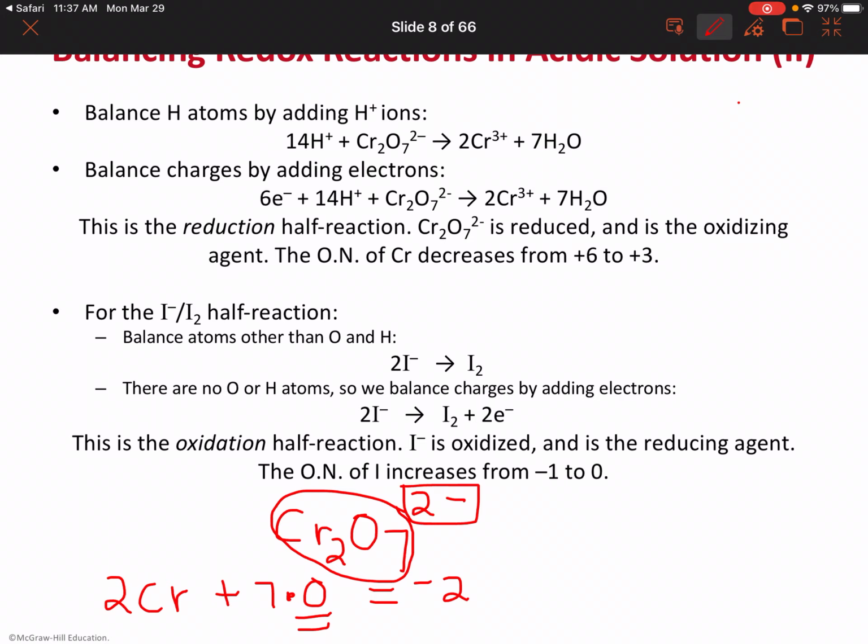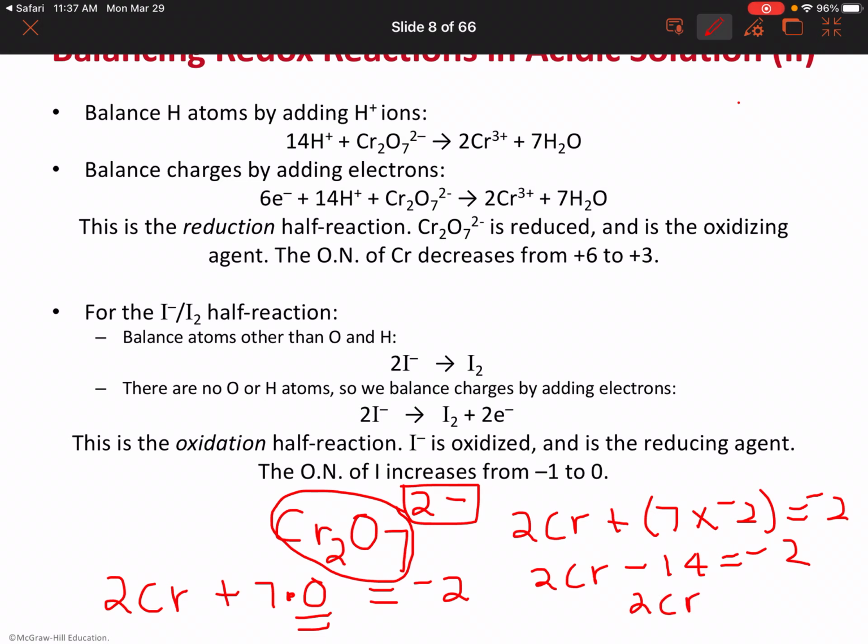So 2 chromium ions, and then there are 7 oxygens. 7 times -2 is -14. So 2 chromium ions plus -14 equals -2, therefore 2 chromium ions equal -2 plus 14, which is 12. It's just basic math, right?